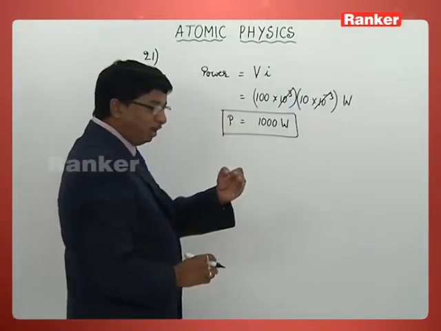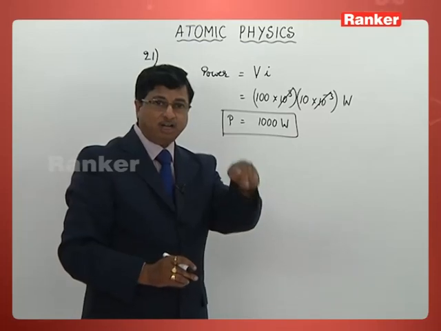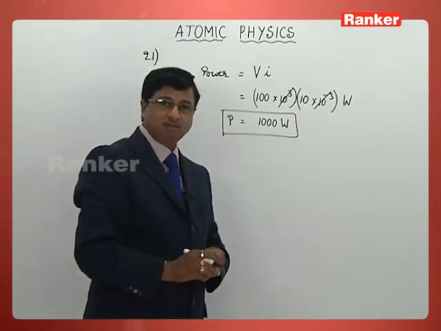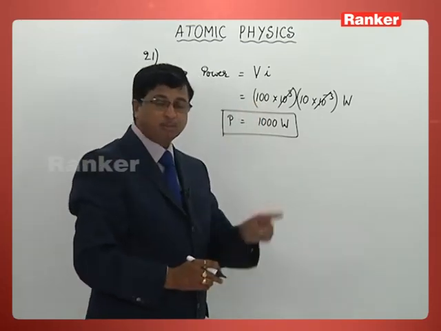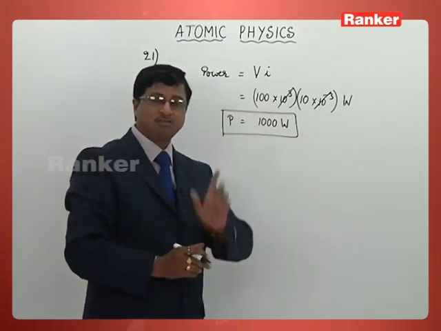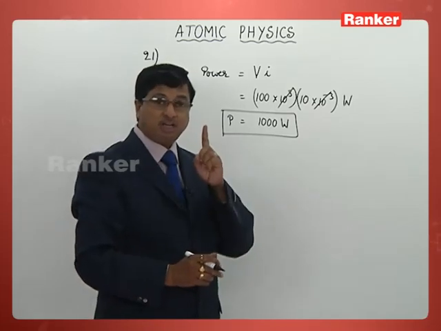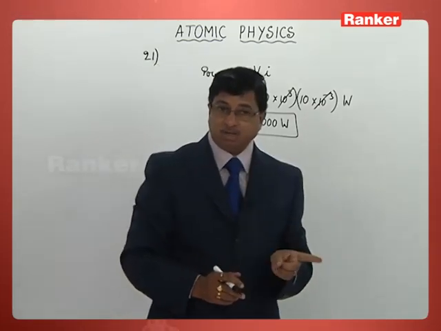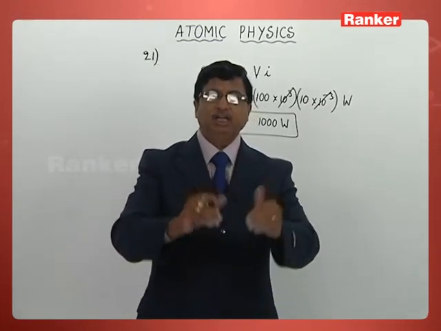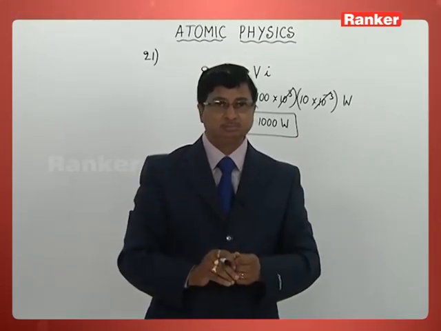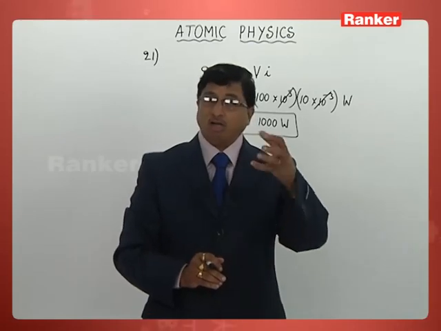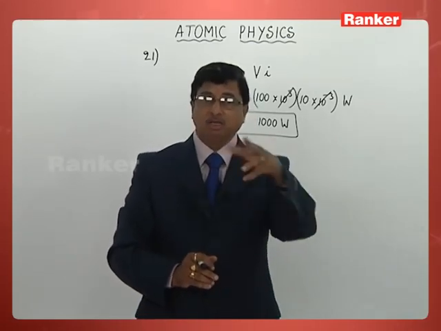But now apply the clause, the condition he is giving. 1% out of this 1000 only is producing X-rays. That means 99% of this power is simply heating up the target. That is very, very clear there in the wording. So, at what rate is the target being heated?